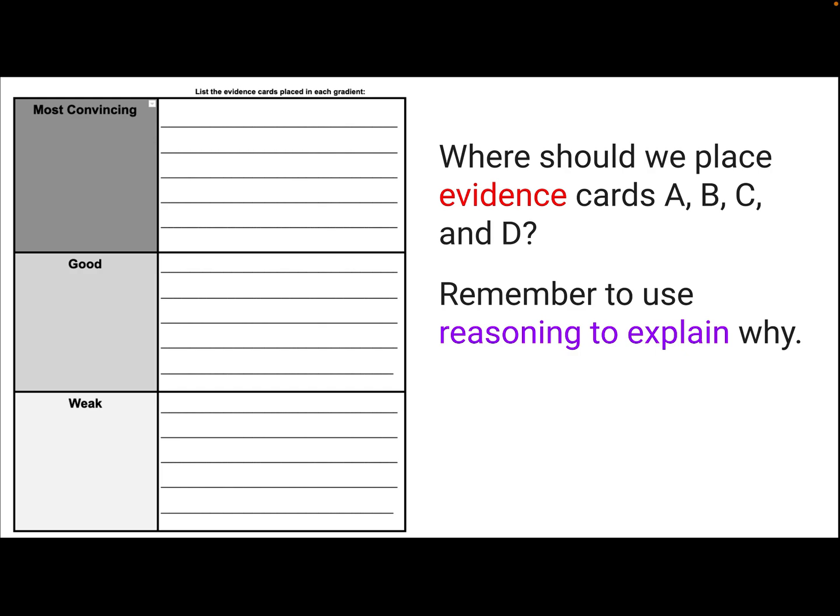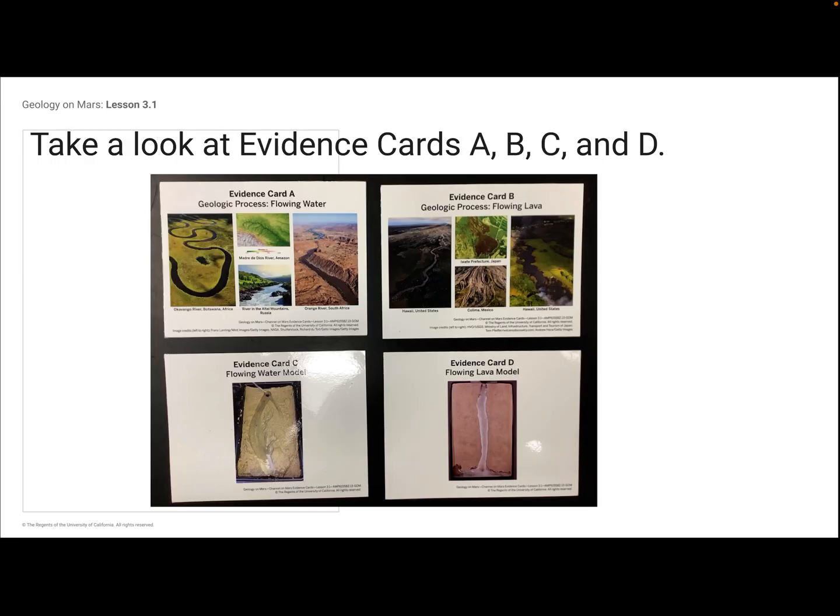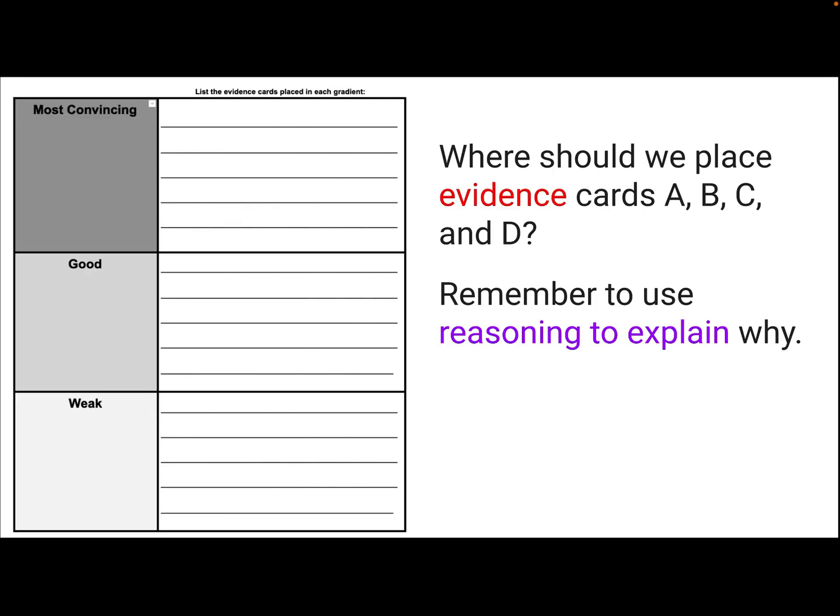As I talk and as I show you this, if, again, you're not understanding my reasoning, then make sure that you let me know, okay? So I'm going to go back one slide. Looking at the evidence that we have so far, is there any evidence that is what we would call the most convincing evidence? If you look here on the evidence gradient, up at the top, that dark gray area, that's reserved for the most convincing evidence.